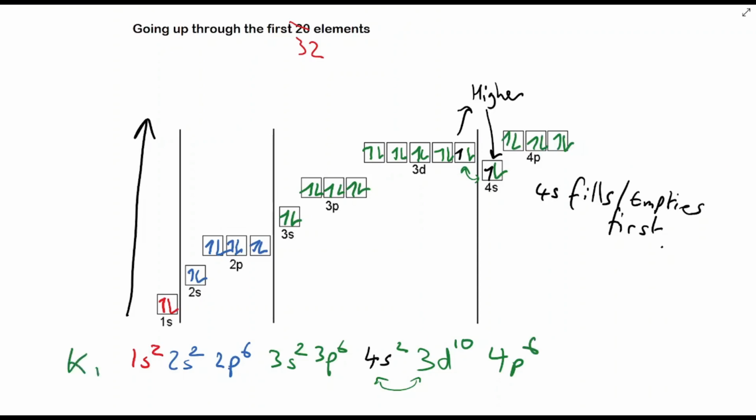So krypton is our last element we're going to talk about, and it's 1s2, 2s2, 2p6, 3s2, 3p6. These two can be in any order, 4s2, 3d10, 4p6, or you can go 3d10, 4s2, 4p6. And that's our electron configuration.